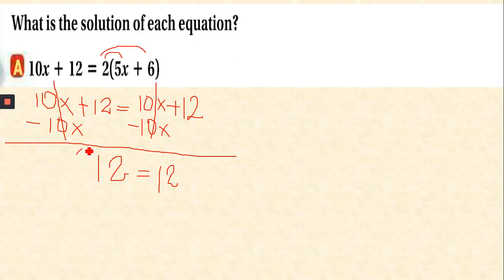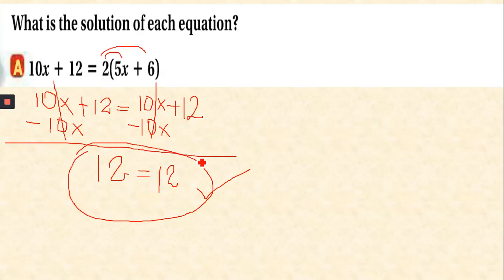Okay, try to look at this particular example. Is 12 equal to 12? Is that true? Yes, that is true. Do we have a remaining variable in this equation? No. Okay.